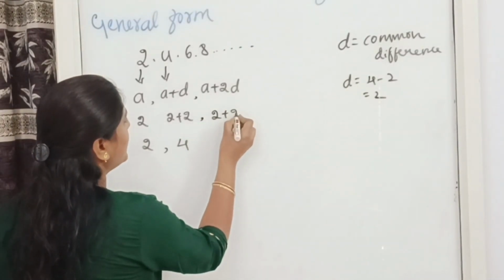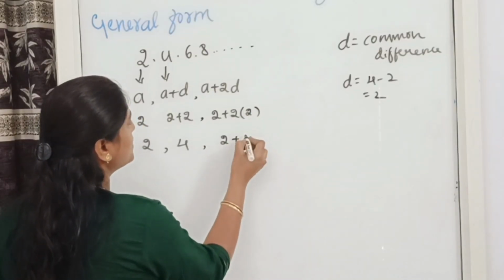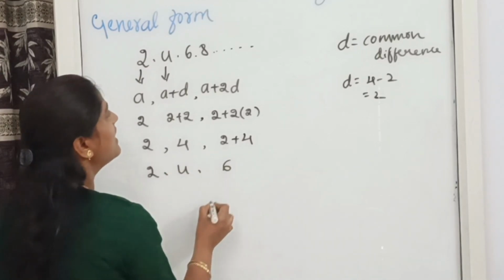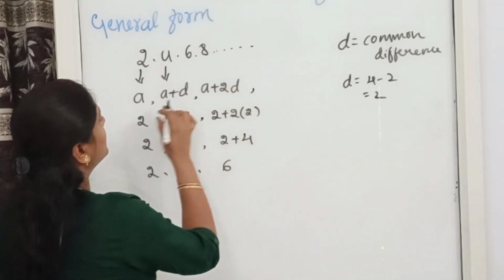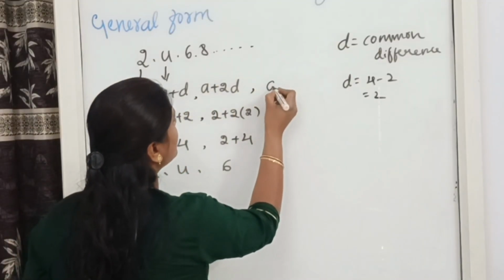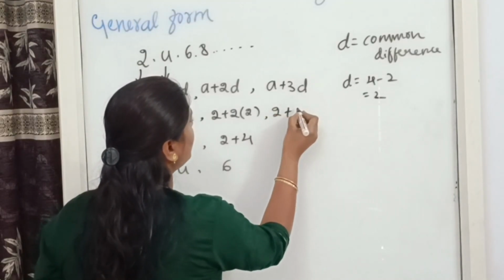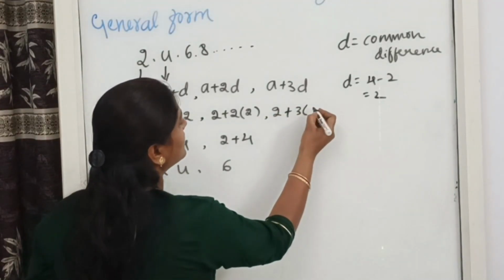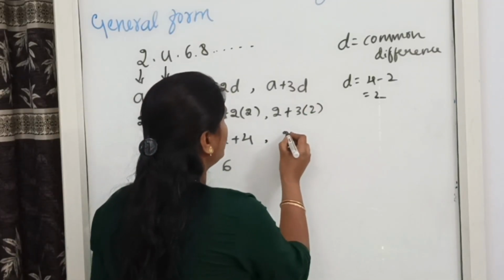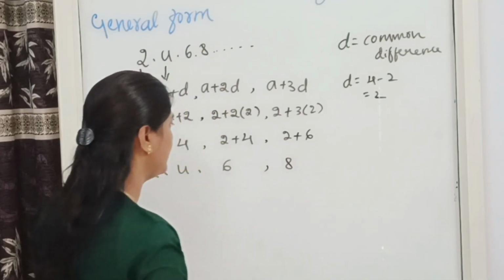A is 2 plus 2, what is D? 2. 2 plus 2 twos are 4, so that is 6. So that is nothing but 2, 4, 6. This is the first term, second term, third term, and the fourth term is A plus 3D. That means 2 plus 3 into 2. Common difference is 2. 2 plus 3 twos are 6. So it is nothing but 8.